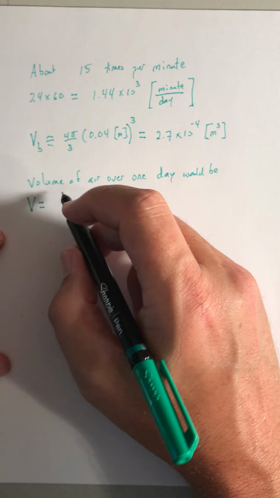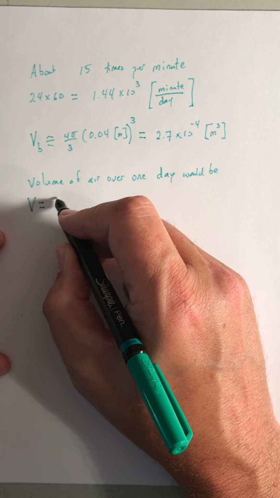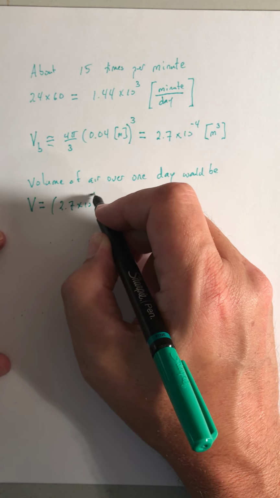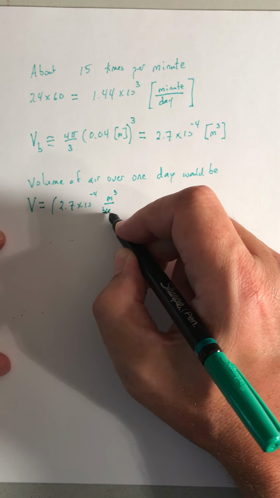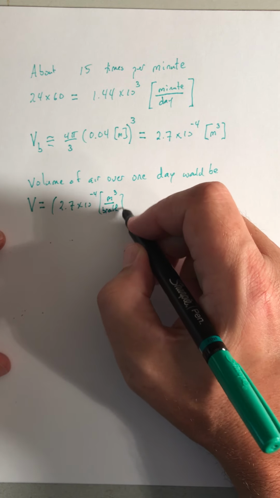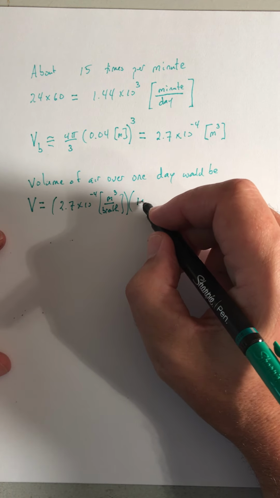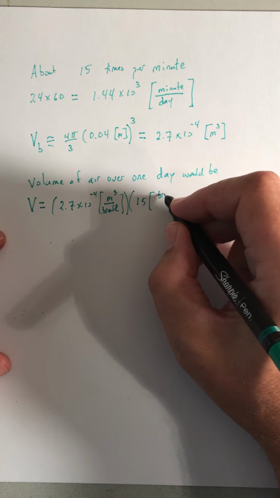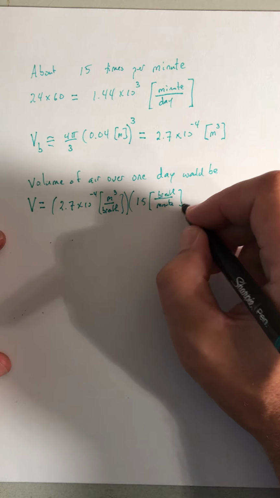Basically take everything we have so far and multiply it together. 2.7 times 10 to the minus 4 cubic meters per breath. And take 15 breaths per minute.